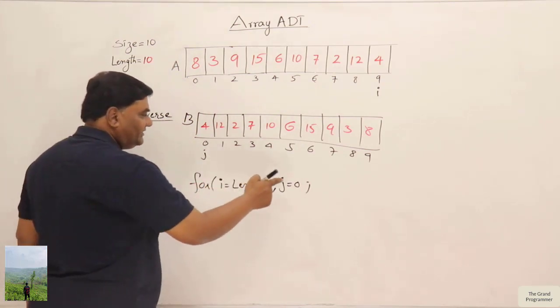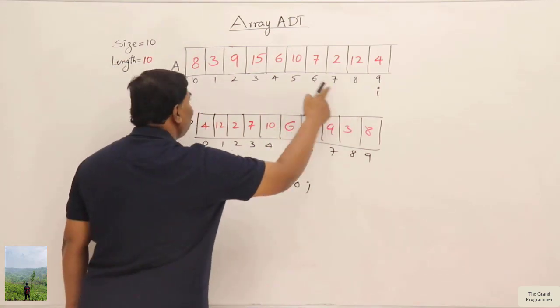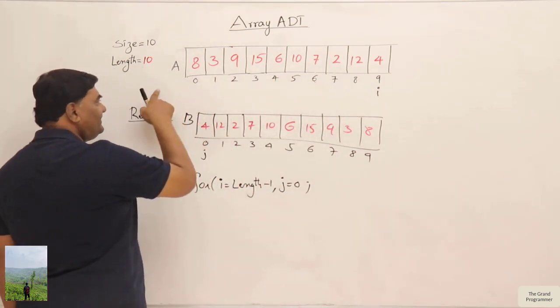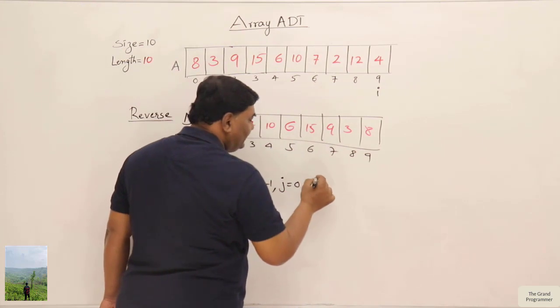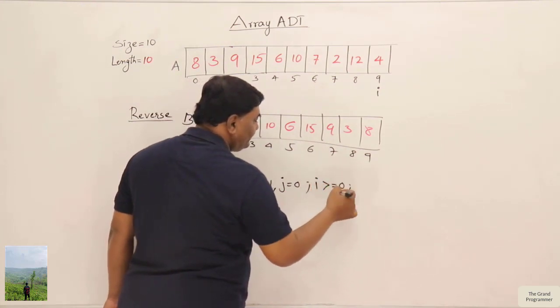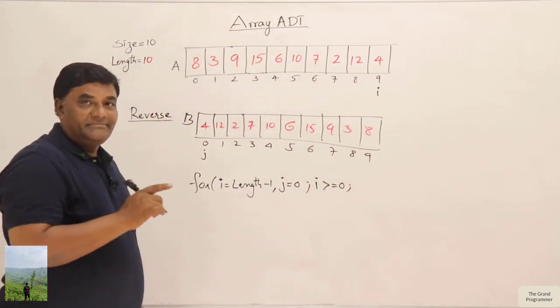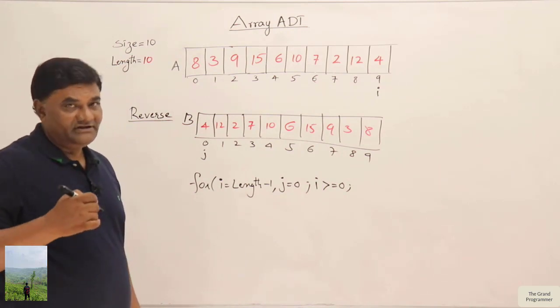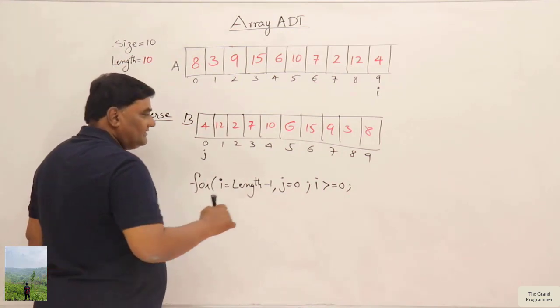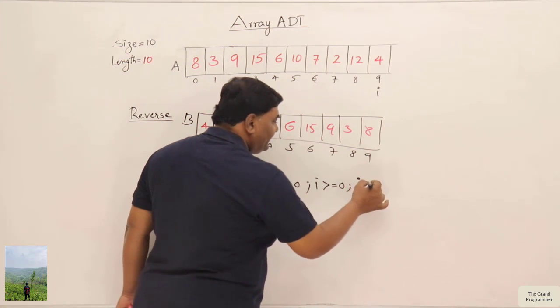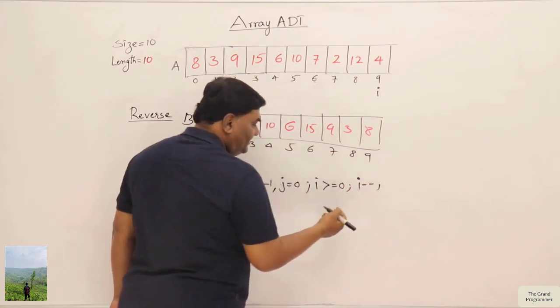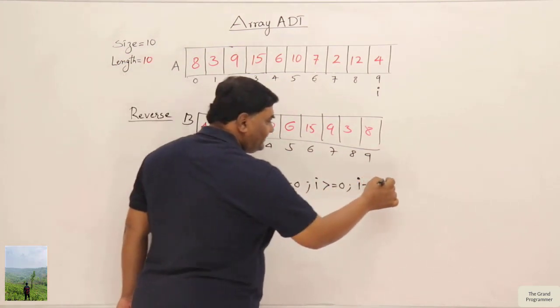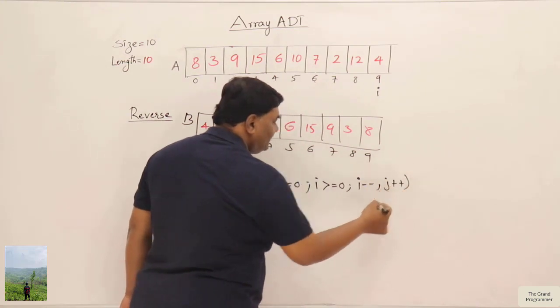Then comes semicolon. How long should we do this? Until I reaches 0. Beyond this we should stop. So I greater than or equal to 0. When it becomes less than 0, it should stop. Then every time I should be decrementing, comma, then j should be incrementing, j plus plus.